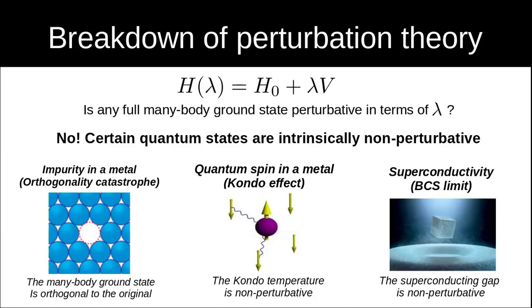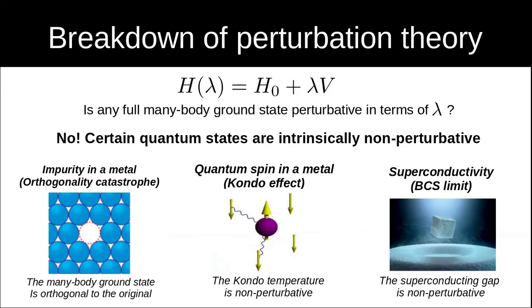Another case that is very much related with this one is the case of a quantum spin in a metal that gives rise to the Kondo effect. And the Kondo effect is also a non-perturbative effect in quantum many-body systems. And in particular, the Kondo temperature is non-perturbative on the actual coupling between the Kondo impurity and the electron gas.